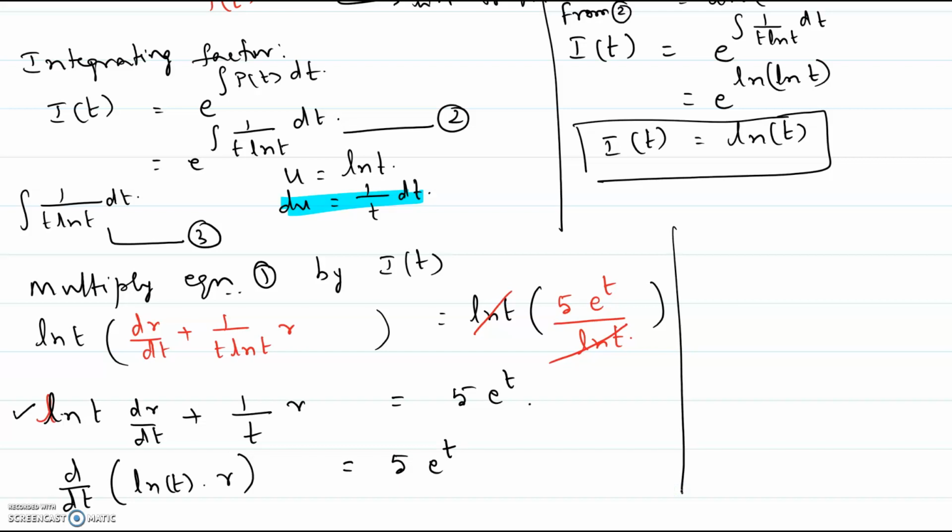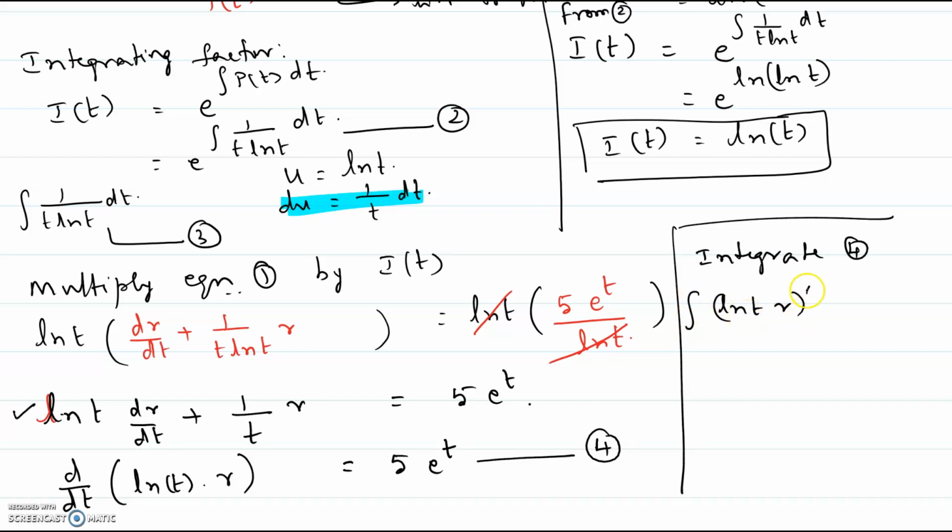Okay, now integrate both sides. Maybe we can name it equation 4. Integrate both sides of 4. So it is the integral of the derivative of ln t times r with respect to t, equal to the integral of 5 e to the t dt.